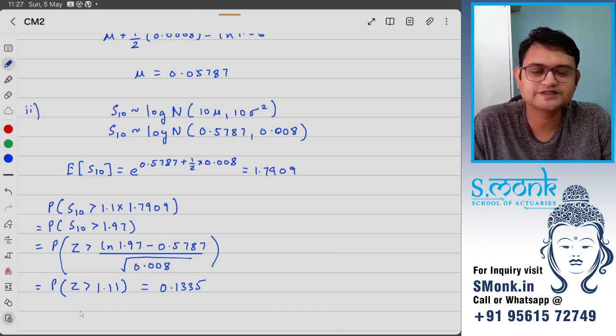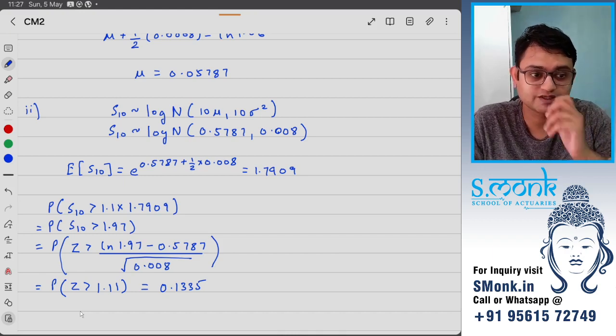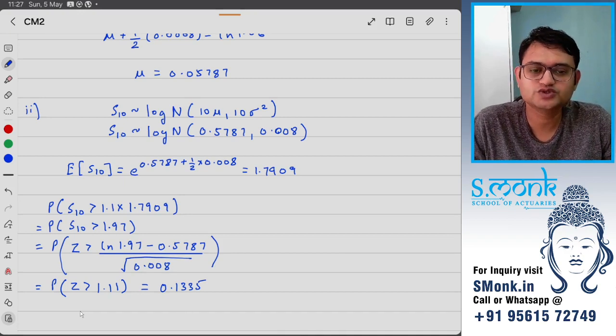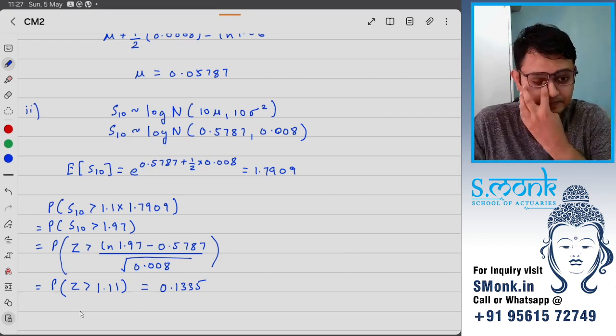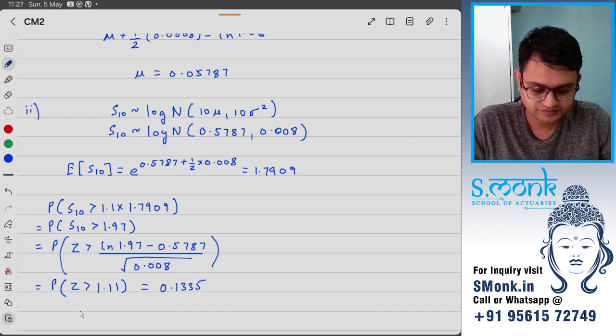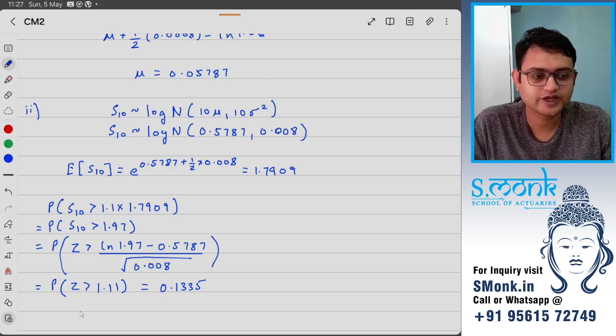But if you are giving the examination from IFOA, that is the UK institute, you can use RStudio and Excel for your calculation during Paper A as well. Okay. So any problem here?